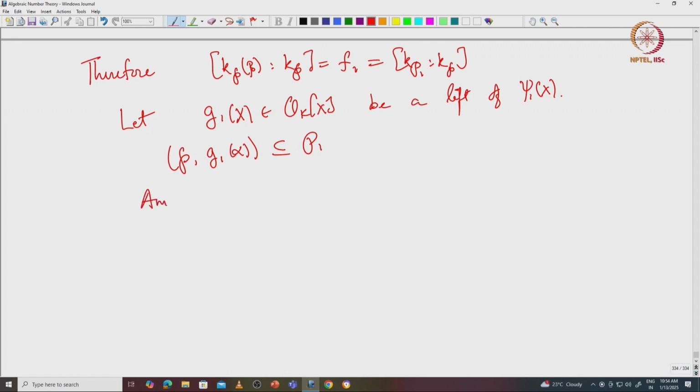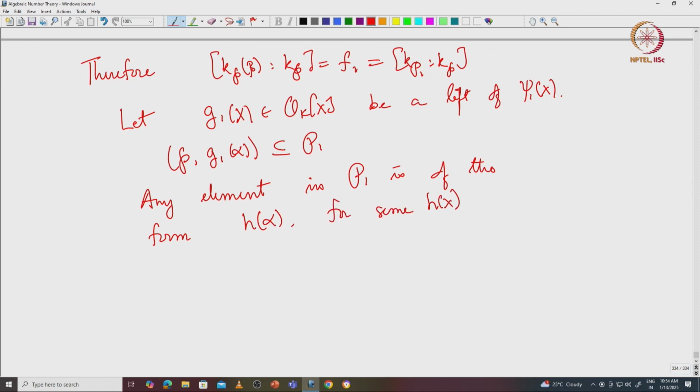So, any element in P 1 is of the form h of alpha for some h of x inside O_K[x]. Here again we use that p does not divide this index.